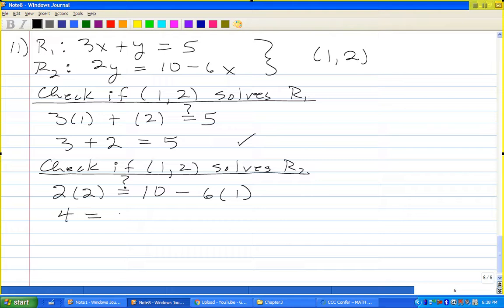Is 4 equal to 10 minus 6? Yes. Since both equations are solved, then yes, the ordered pair (1, 2) is a solution to the system of simultaneous linear equations.